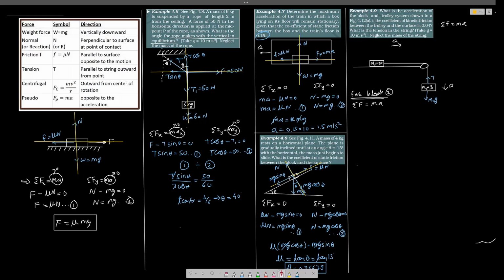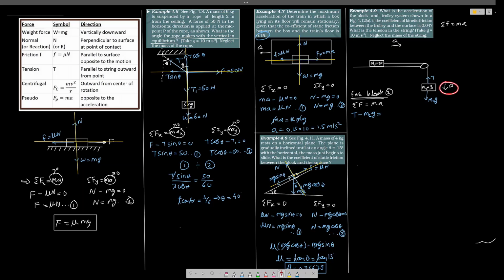So first of all, consider forces. In upward direction we have tension force, so T will be positive, and mg is in downward direction, so we will get minus m2g is equal to mass into acceleration.